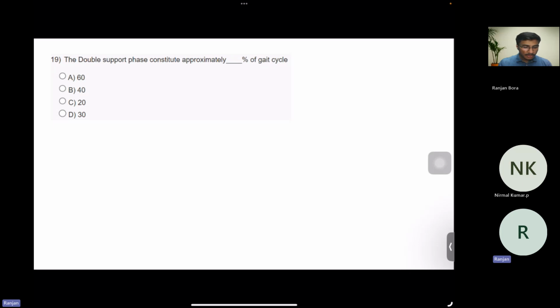Next question is, the double support phase constitutes approximately what percentage of the gait cycle?